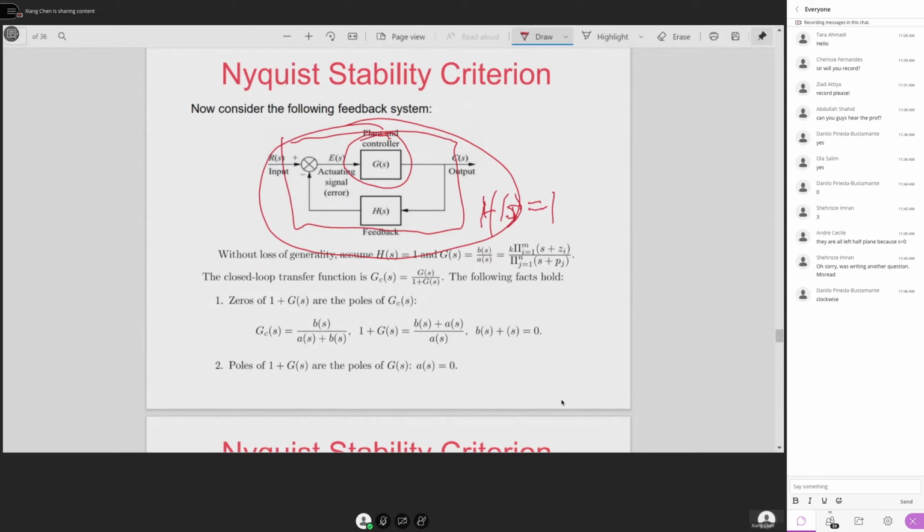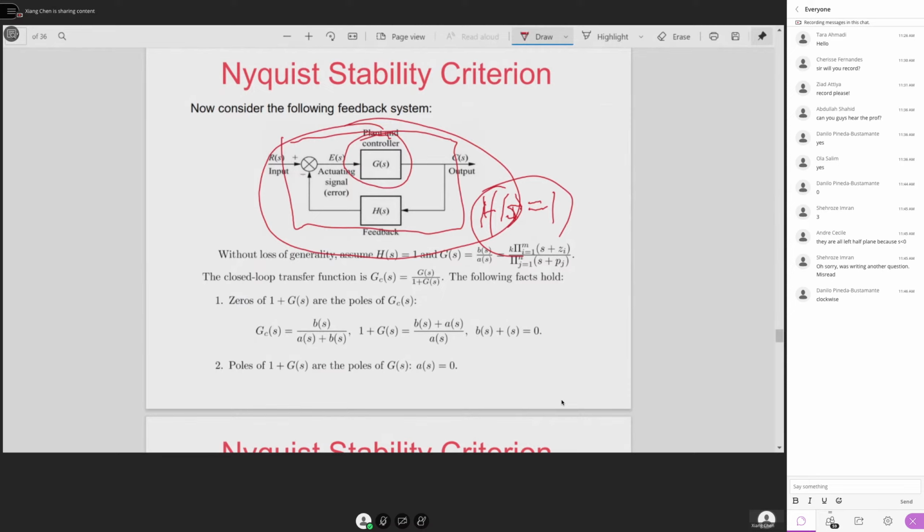H(s) represents the sensor. If we treat the sensor as a scale, then I can always scale it to be 1, so I can assume H(s) equals 1. Then G(s) is my open loop system.